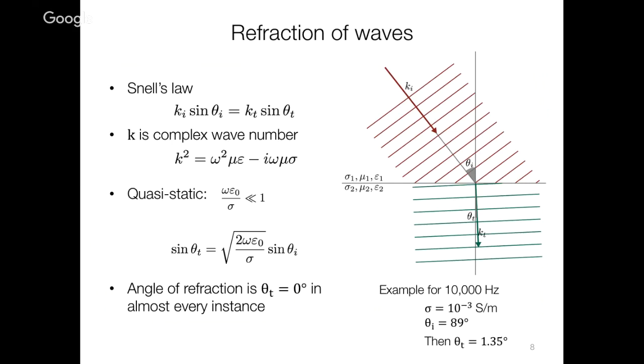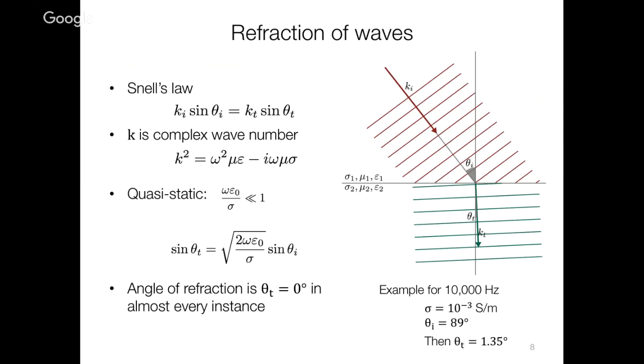And everybody's familiar with Snell's law, right? Light comes in, a different refractive index changes the angle. We talked a little bit about the wave number before, this K. And so here's Snell's law, which relates the angle of incidence to the angle of transmission or refraction.